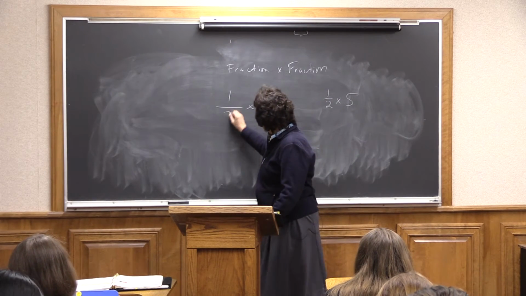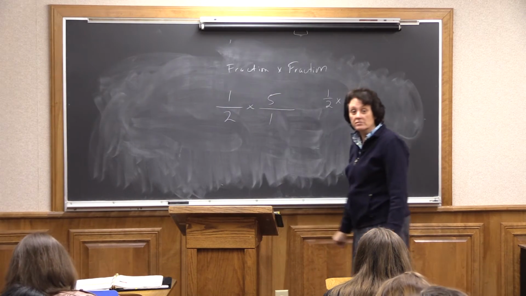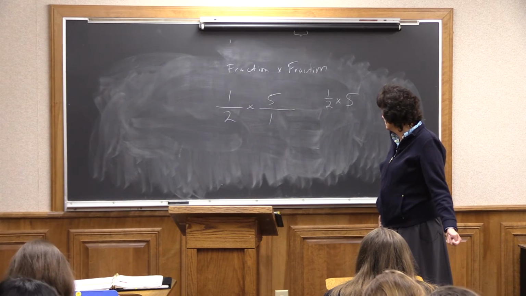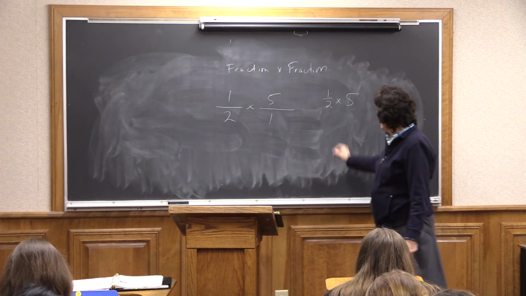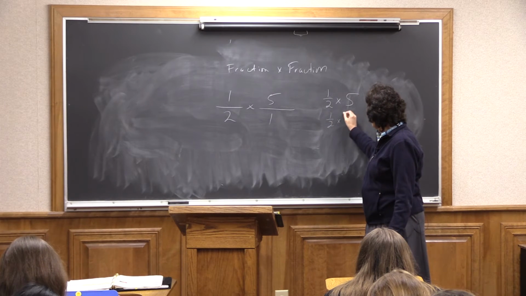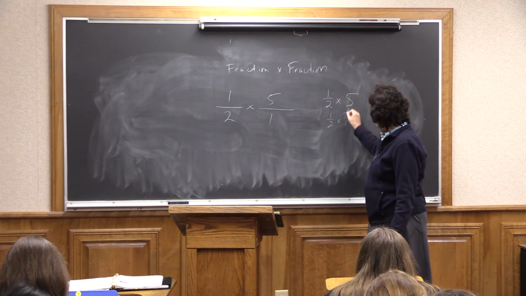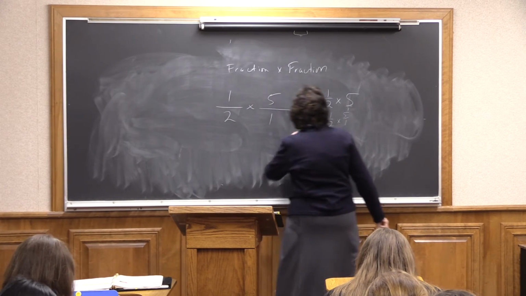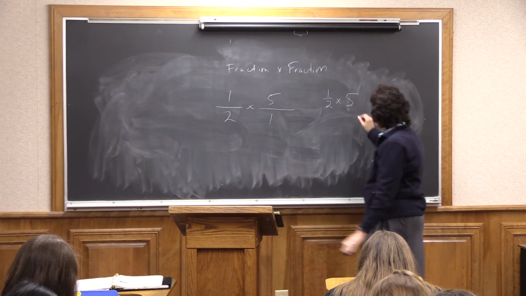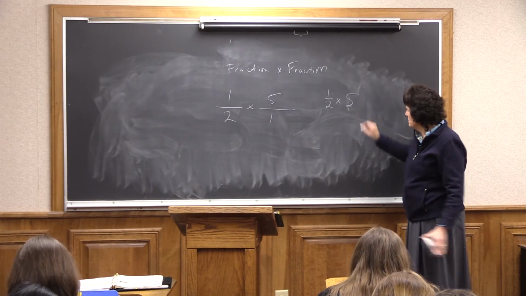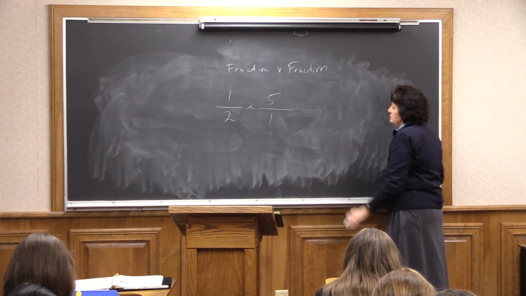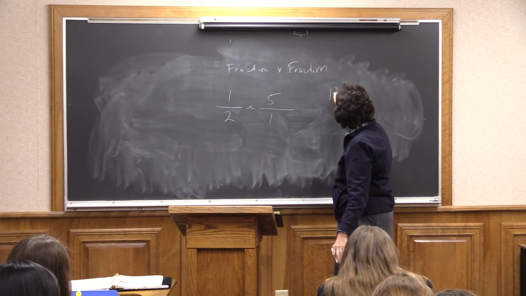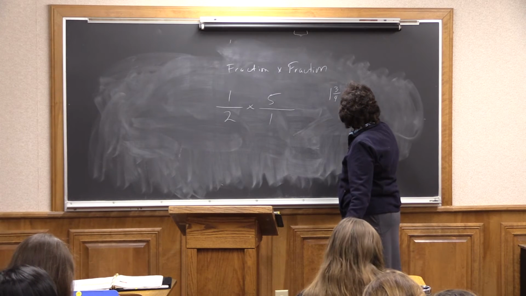I rewrite it as fraction times fraction, right? I can't multiply whole numbers. Well, at your stage, you probably automatically picture this in your mind, right? We put the 5 as a whole number, but we automatically should be doing this. Oh yeah, that's going to be 5 over 1, even if we don't rewrite it. What if I have a mixed number times a fraction?